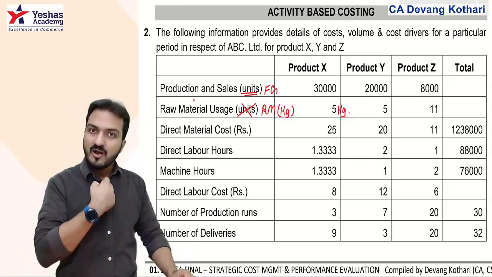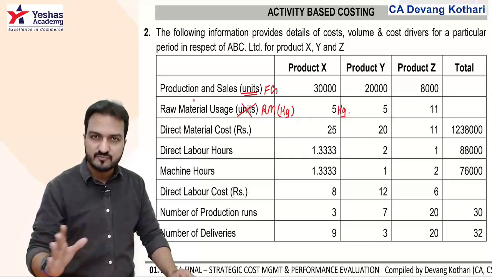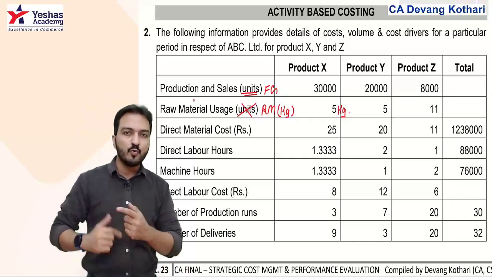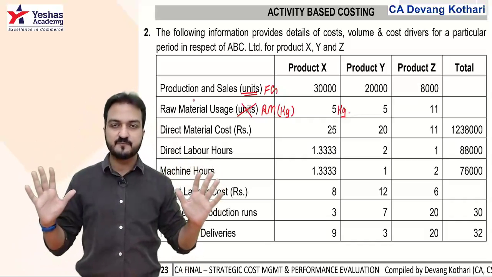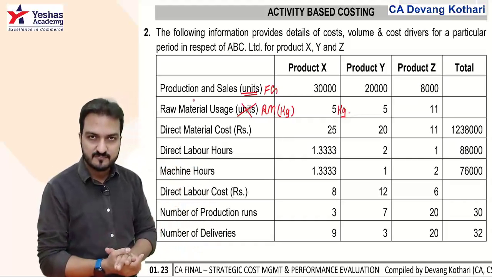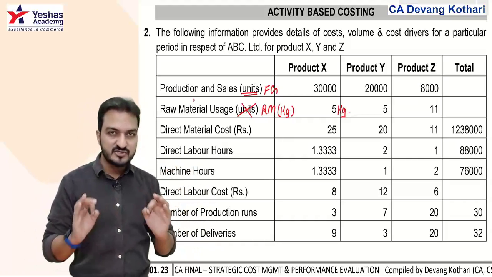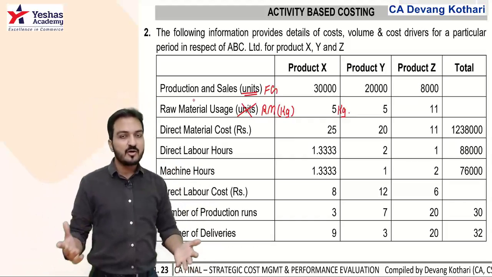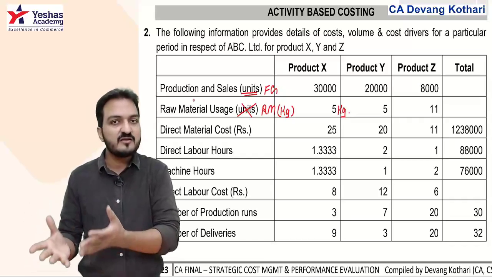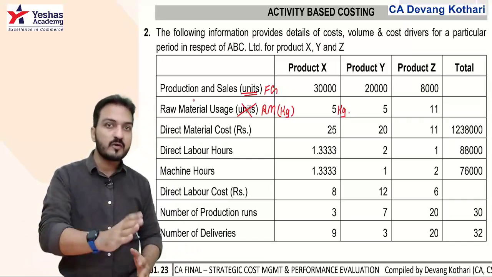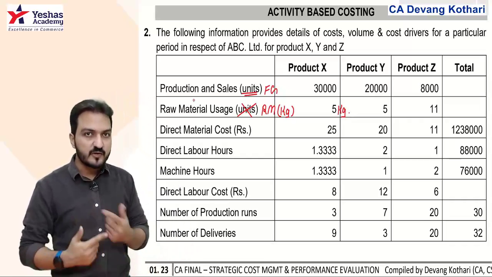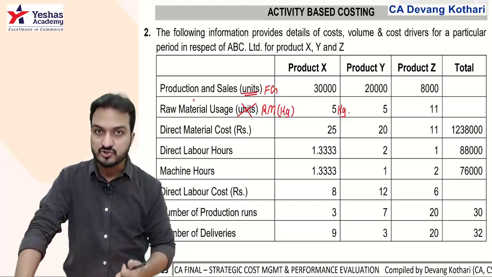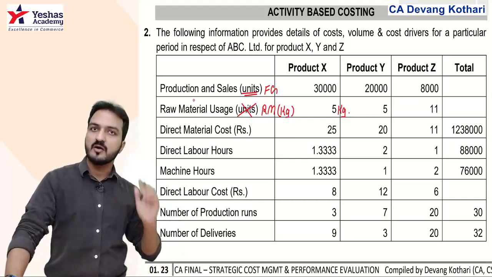Throughout this entire subject, remember that whenever I say units, I am talking about finished goods, and whenever I say kgs, I am talking about raw material. In different questions you may be given both finished goods quantity and material quantity, so to differentiate, I will speak like this.